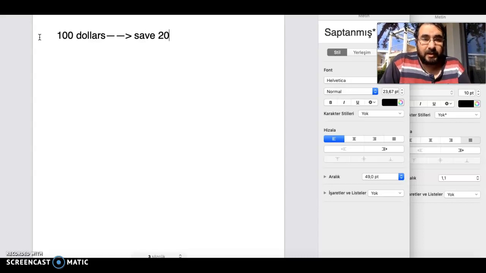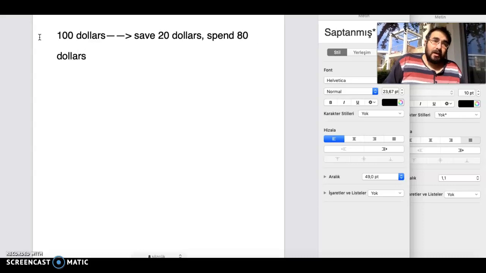Let's say he saves $20 and spends the rest of it. From the spending and saving patterns, we can say on average that for every $100 someone gets, he might save $20 and spend $80.